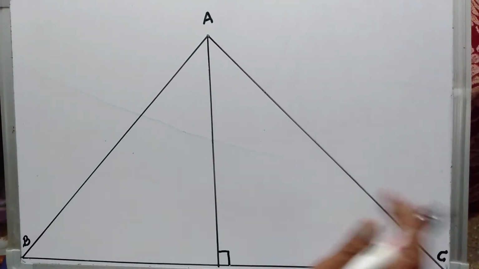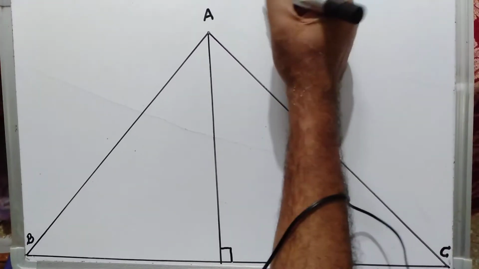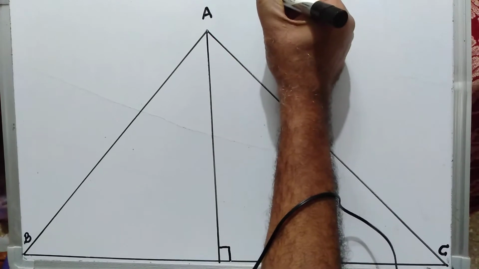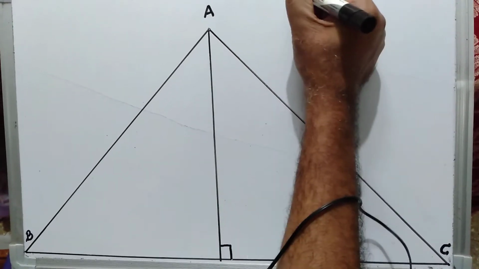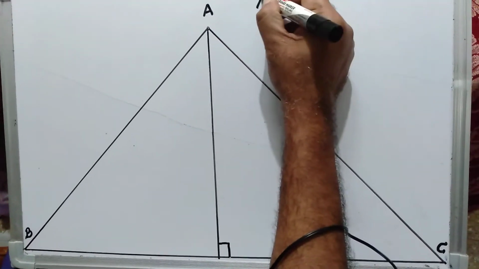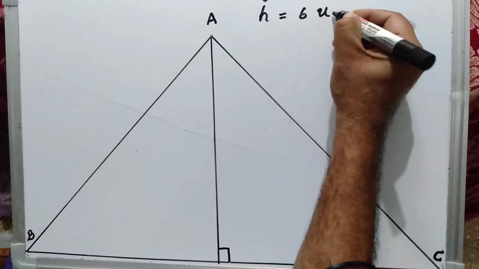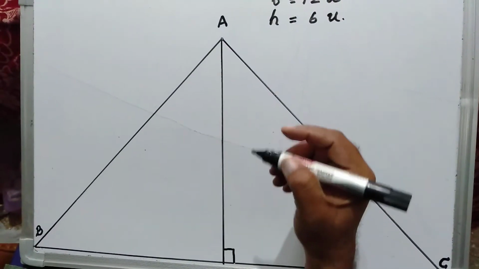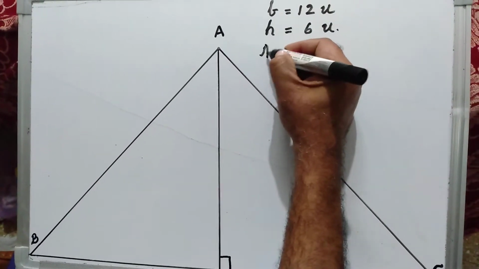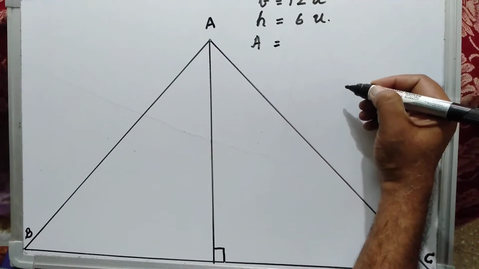Here I have a triangle ABC. The triangle ABC has base equal to 12 units and the height equal to 6 units. What will be the area of a triangle when the base and height are given?